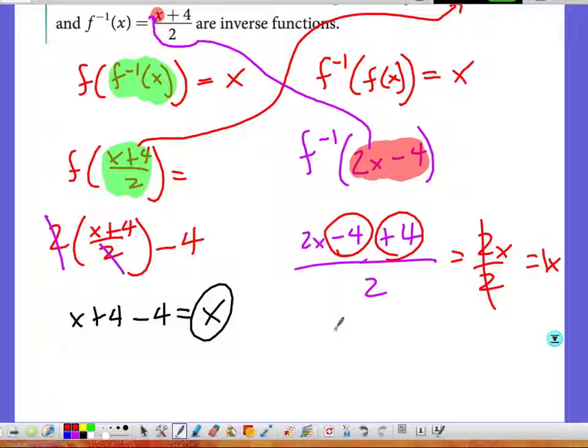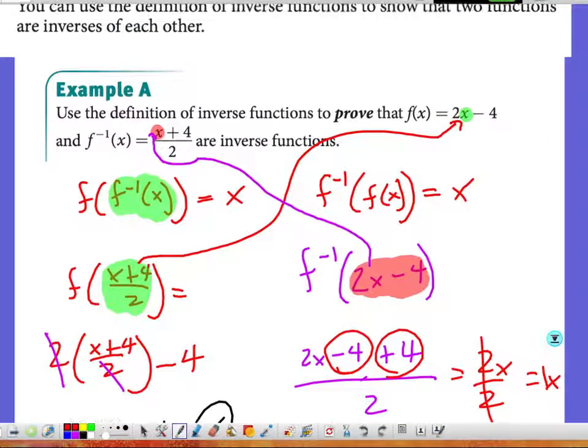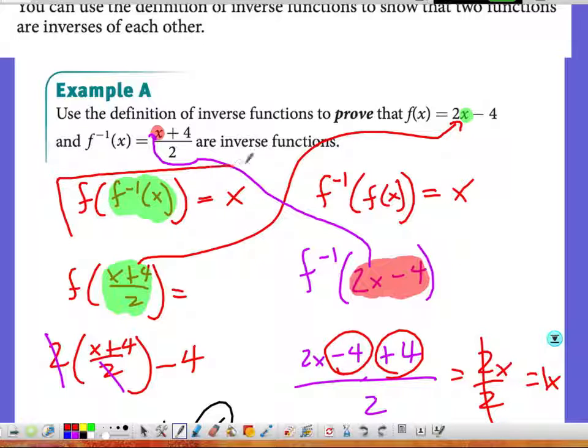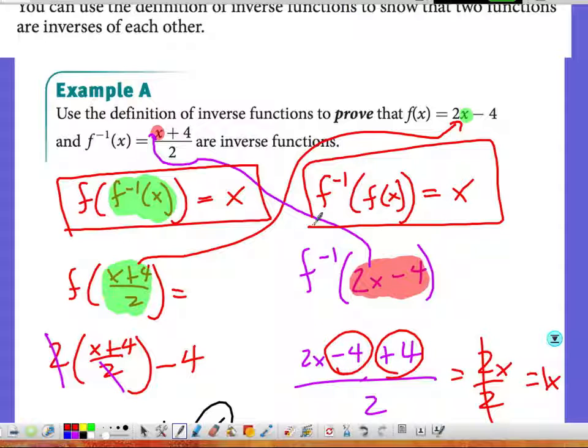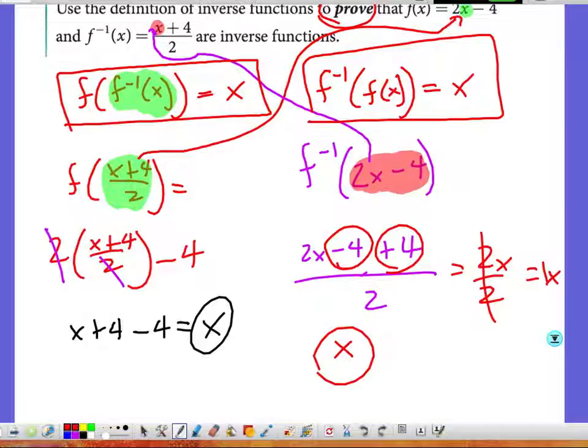And we have 1x, which is equal to x. And yes, f of f inverse of x equals x, and f inverse of f of x equals x. So we just proved, using the definition of inverse functions, that these two functions are inverses of each other.